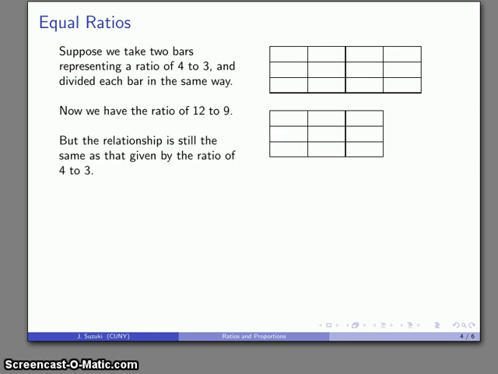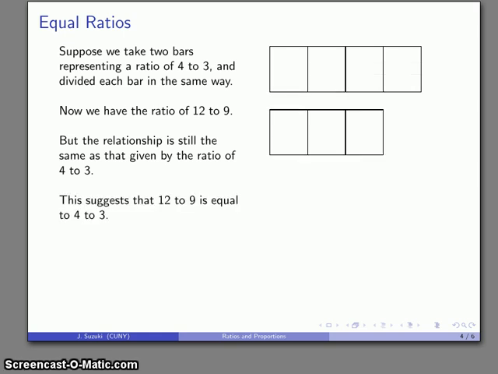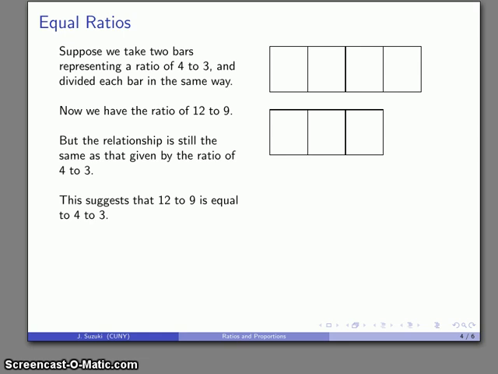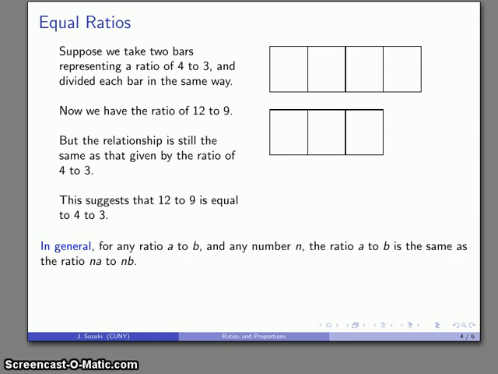However, it's still the same relationship that we started with. In other words, this ratio that I'm looking at right now, this 12 to 9 ratio, is still 4 to 3. Nothing has really changed, and that suggests that the two ratios are the same ratio. This 4 to 3 ratio is the same as the 12 to 9 ratio. And in general, this suggests the following.